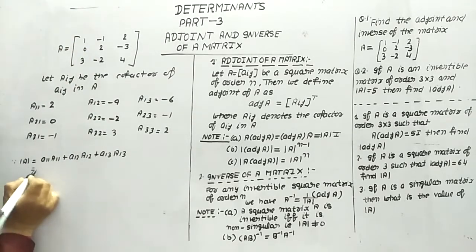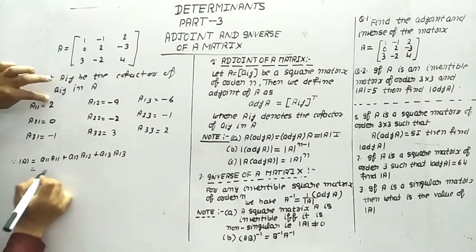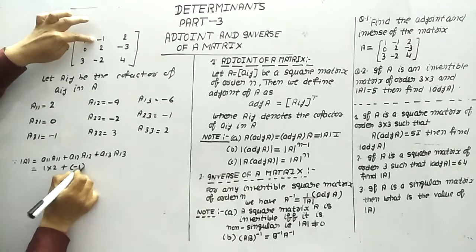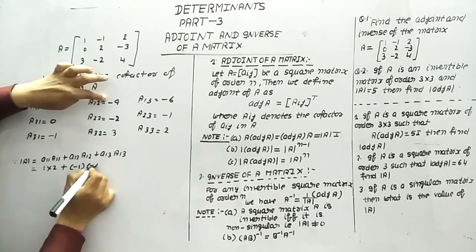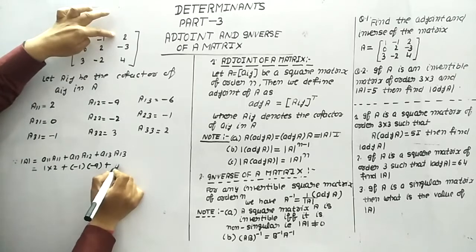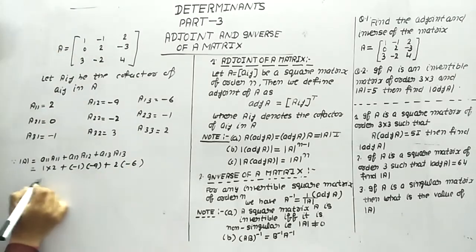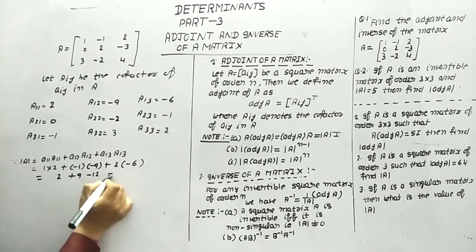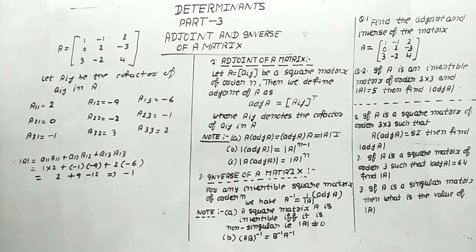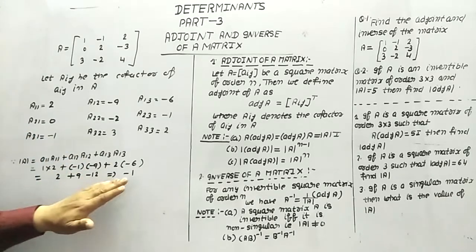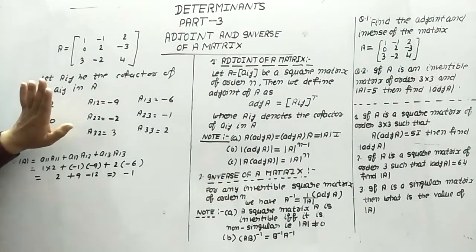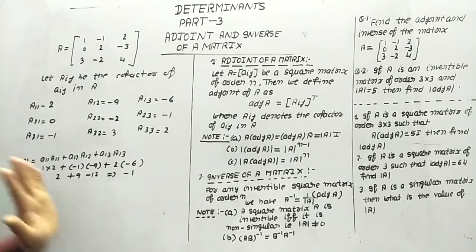So look at this: first row element 1 into 2 is 2, plus 2 into minus 9, and plus 3 into minus 6. So this becomes 2 minus 9 minus 12 hmm, as computed, the determinant is minus 1. Always remember, we need to find the determinant only if we have to find the inverse.